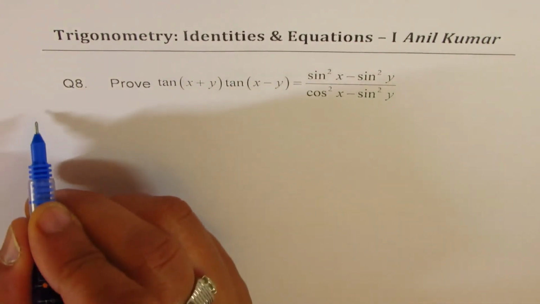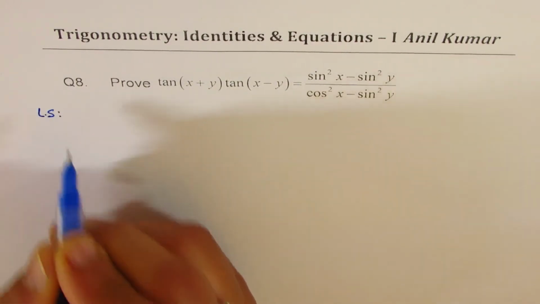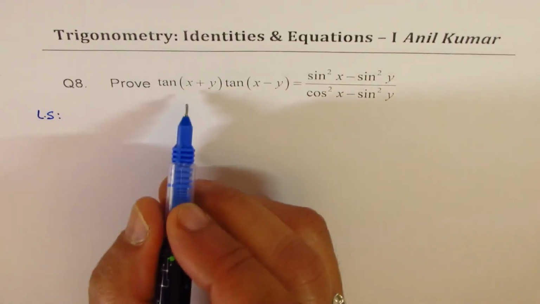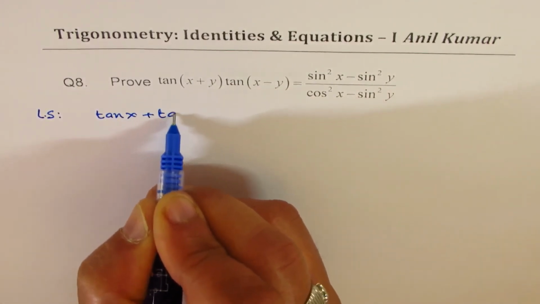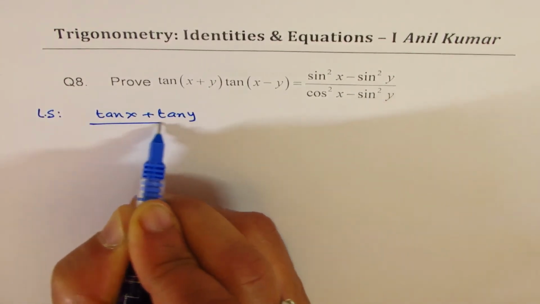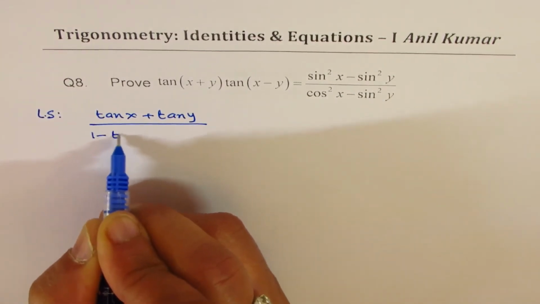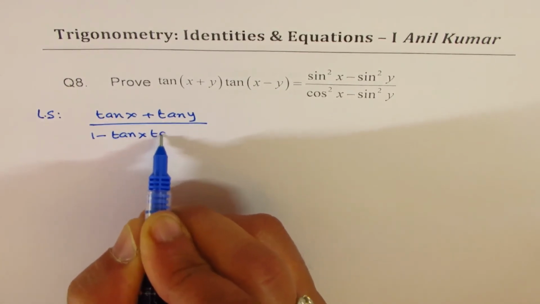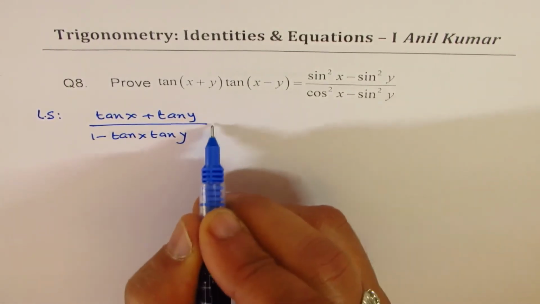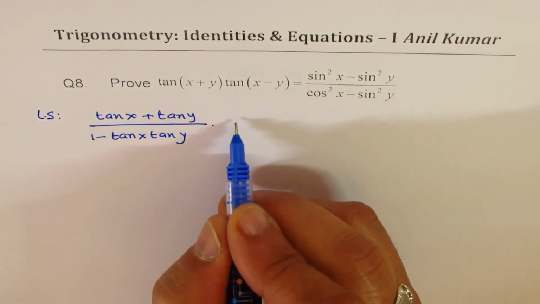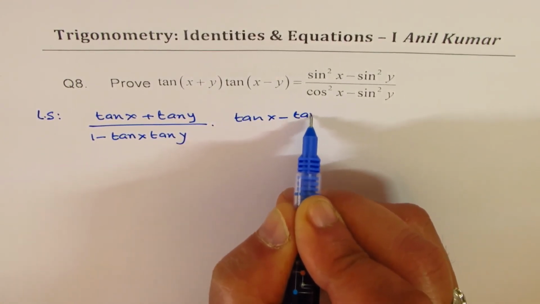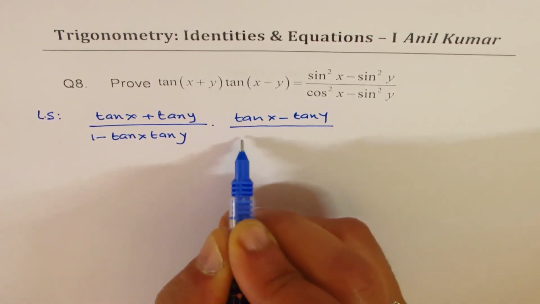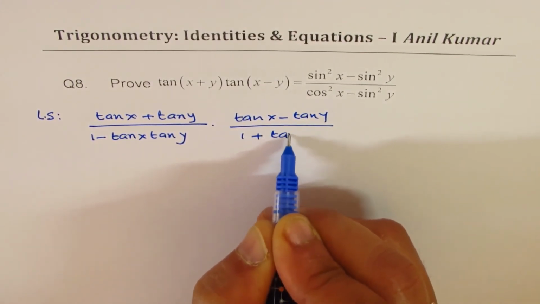So we can start from the left side. tan(x+y) is what? tan(x+y) is (tan x + tan y) over (1 - tan x tan y). And tan(x-y) is (tan x - tan y) over (1 + tan x tan y).